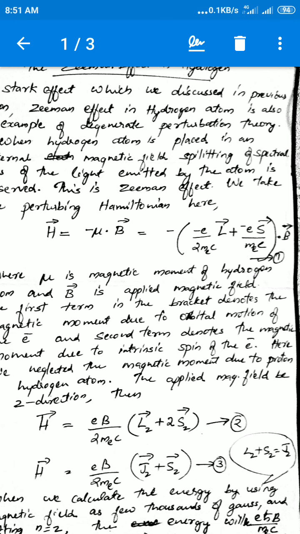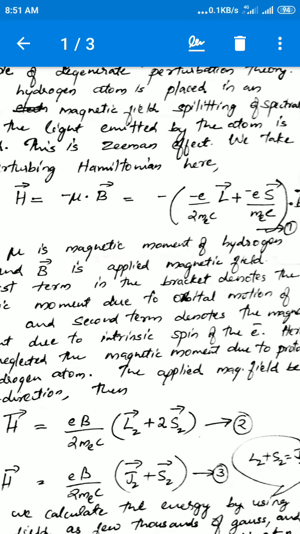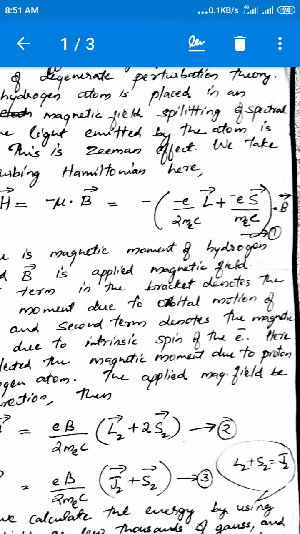Both are in the same direction, and cos 0 is 1. So minus of minus becomes plus: eB by 2 me c times (Lz plus 2 Sz). You have understood that? Okay.